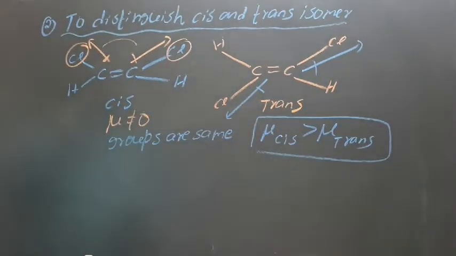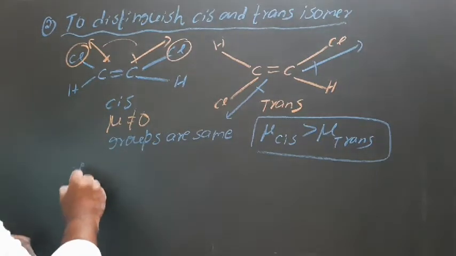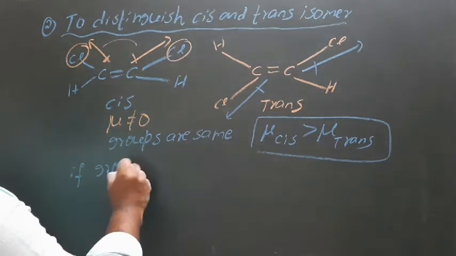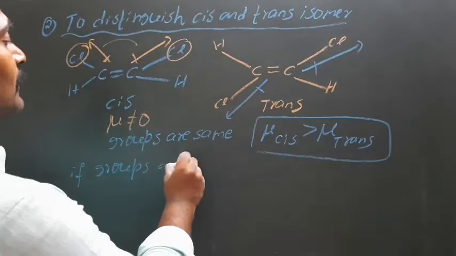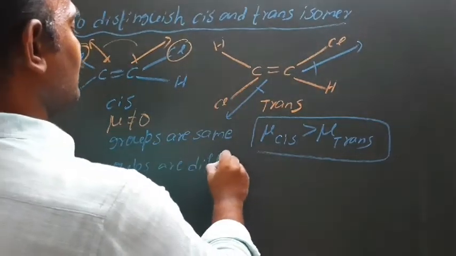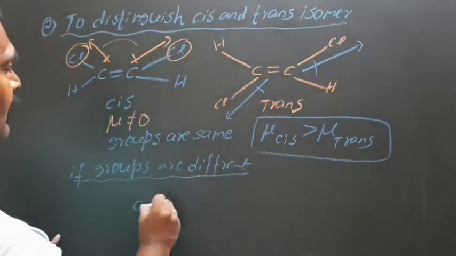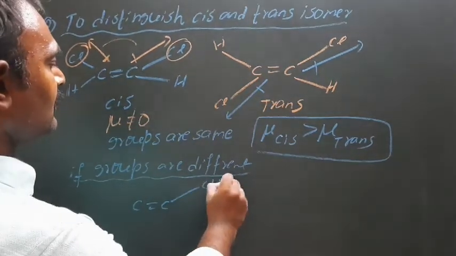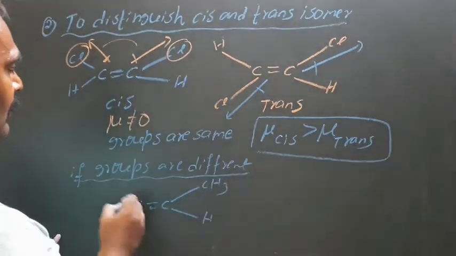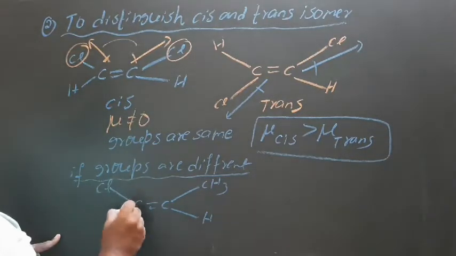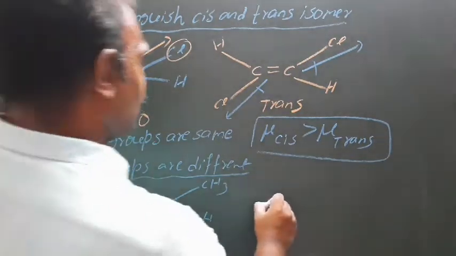Now see here, if the groups are different. The example I am taking is a double bond carbon, here a methyl group and hydrogen, there chlorine and hydrogen.